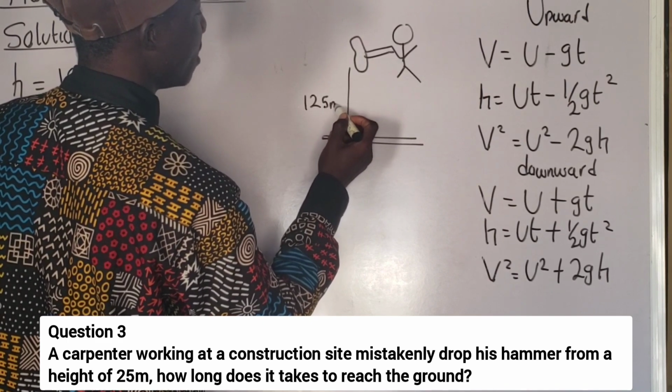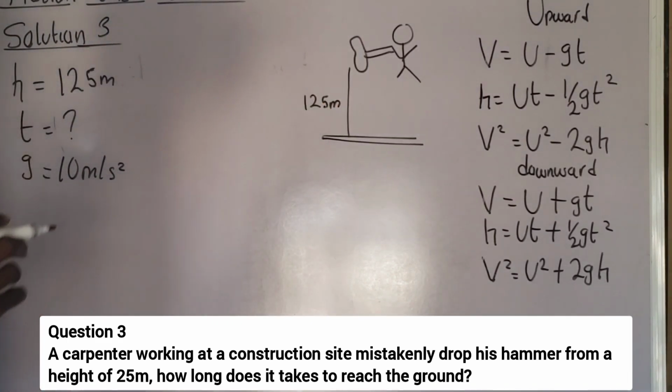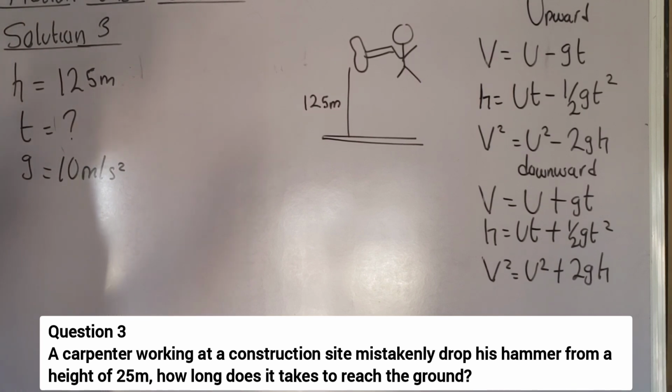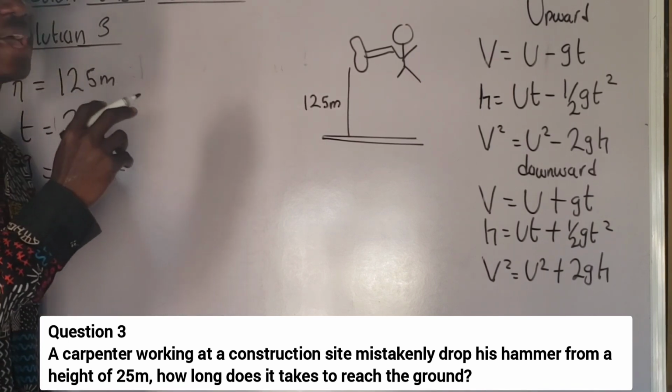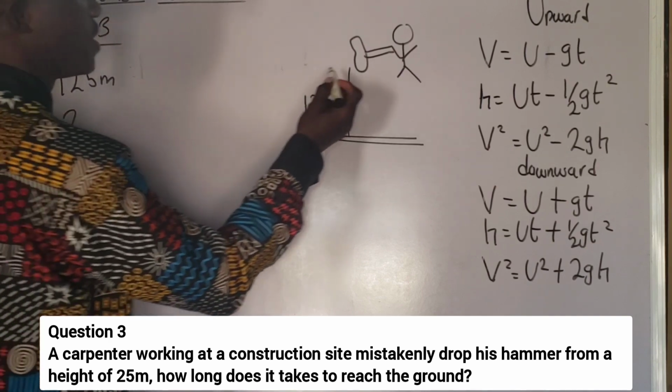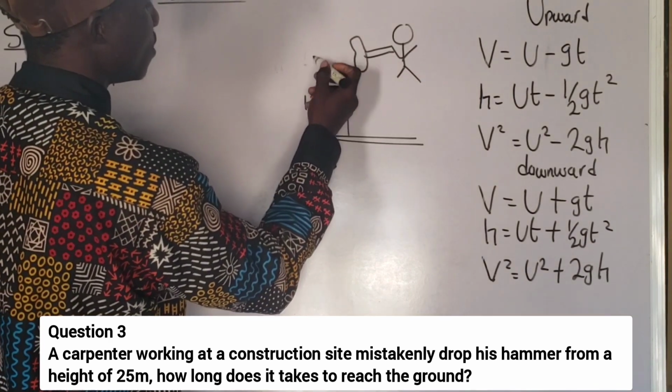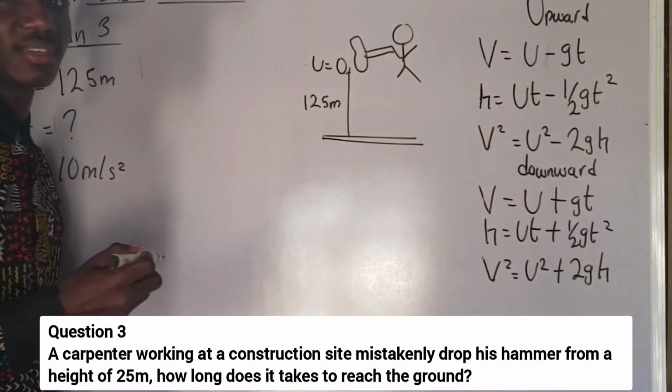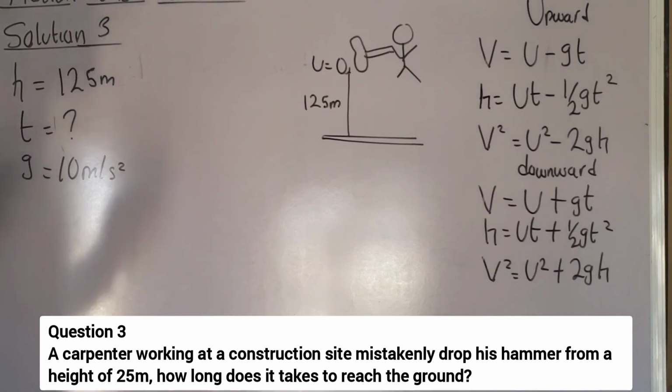125 meters. Now, don't forget, in our previous class, I told you that when a body falls from a height, the initial velocity is what? 0. Do you understand? When a body falls from a height, the initial velocity is what? 0.